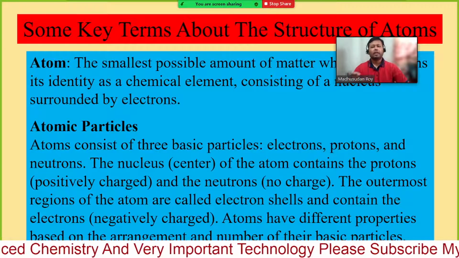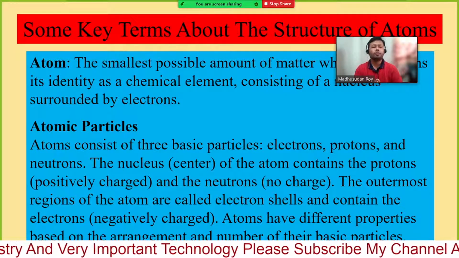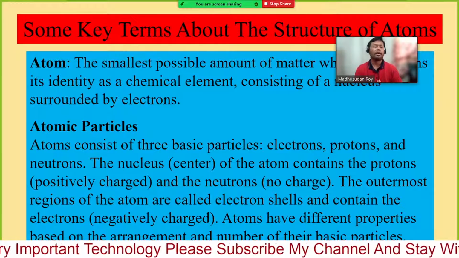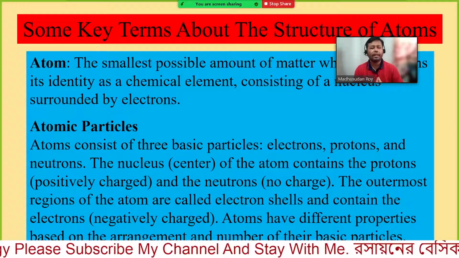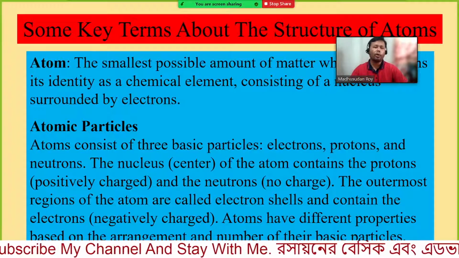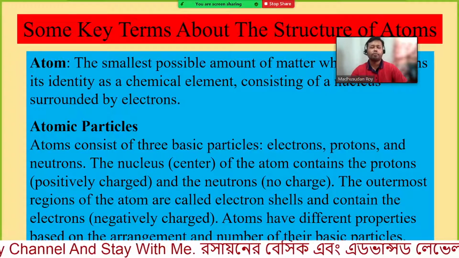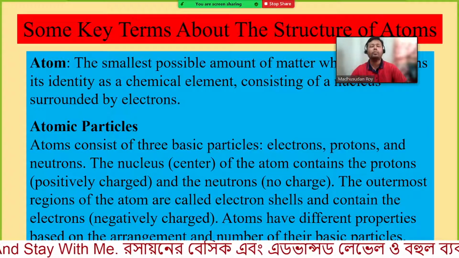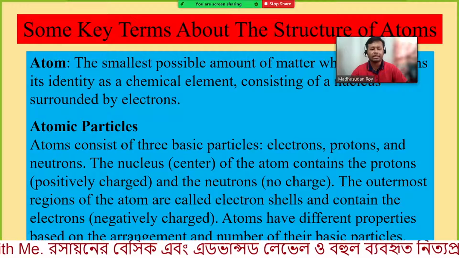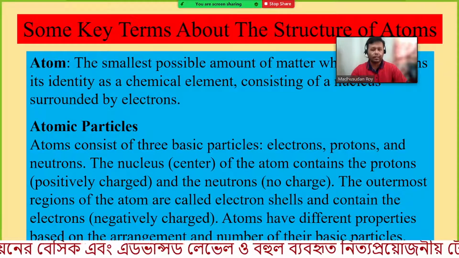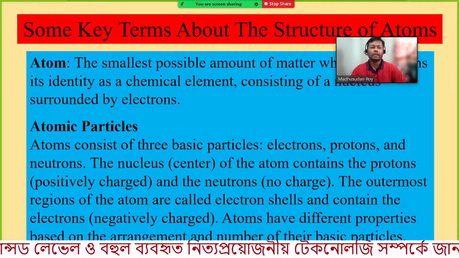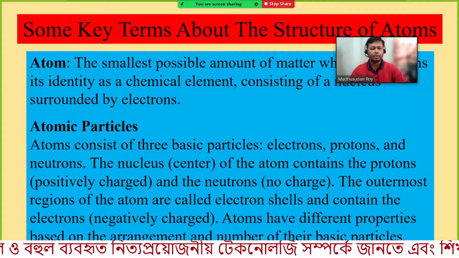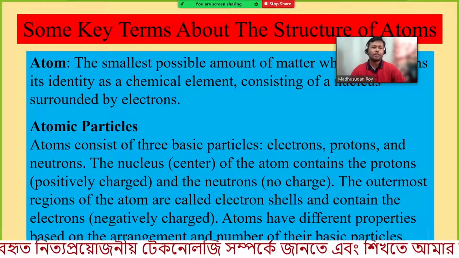That means different elements have different types of atoms. Every atom is classified based on its number of particles, how many particles reside inside the atom. So how do we classify?